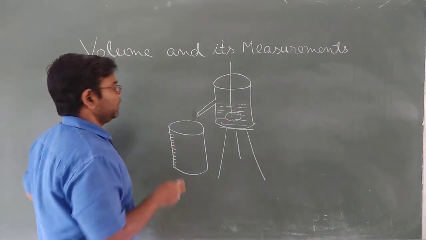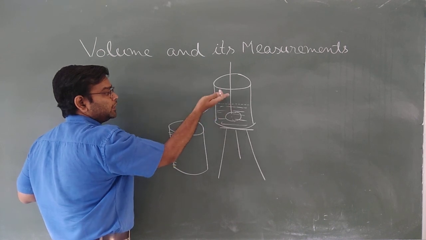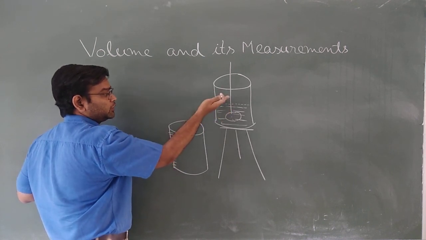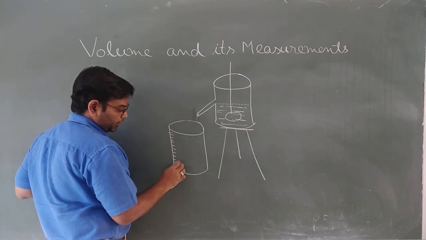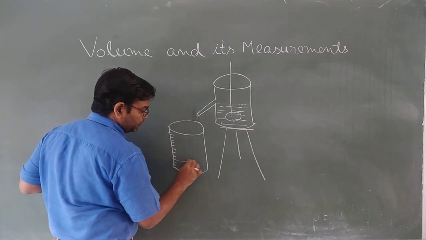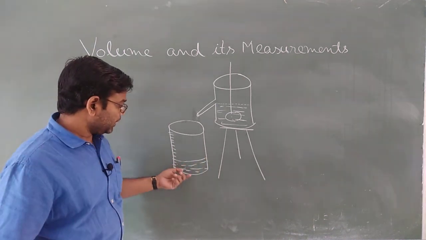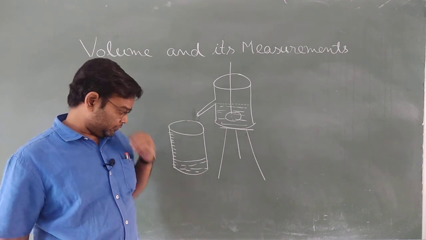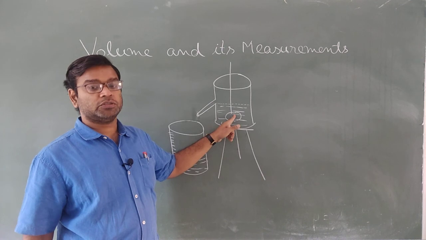But here is an opening, so all the raised water comes from this side and collects inside the cylinder, and from this we can find the volume of displaced liquid, and this volume is equal to the volume of the solid.